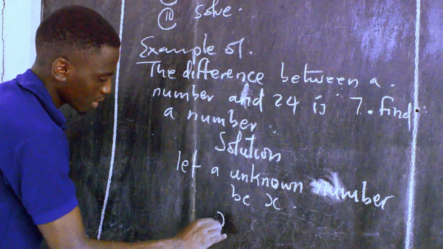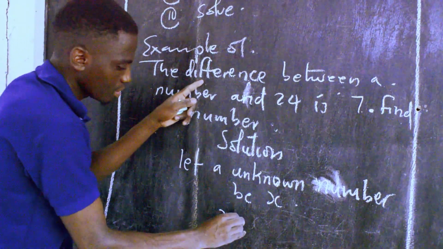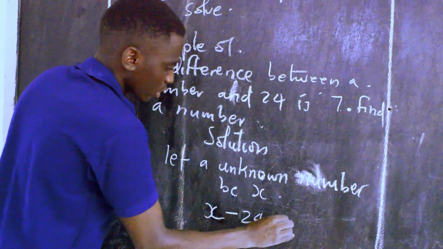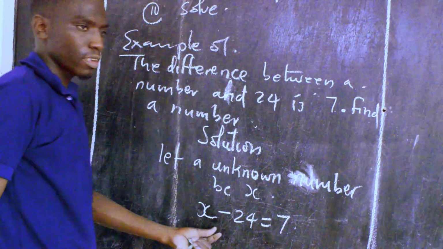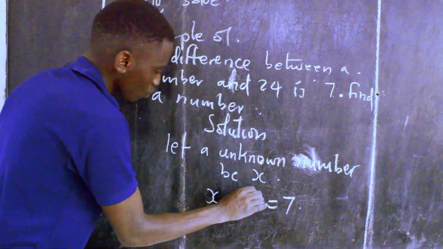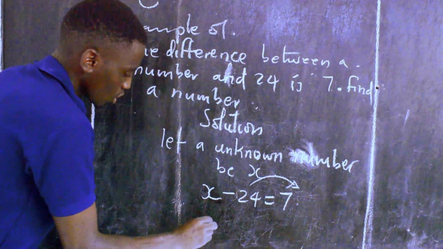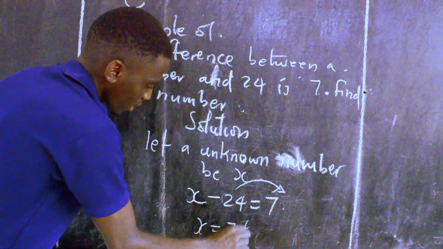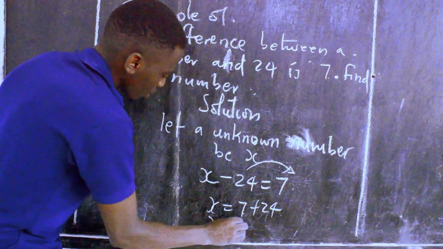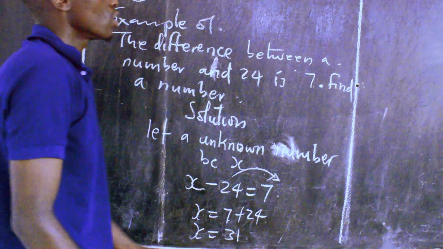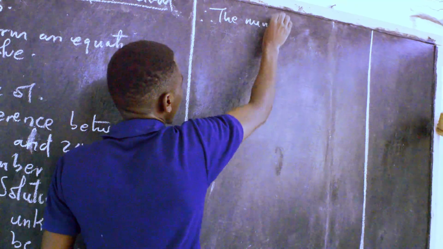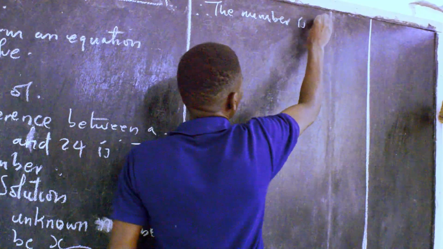So you take a number, that is x, minus 24 is equal to 7. Difference means subtraction, so 24 here is negative. Once it comes on this side, it becomes positive. So x is equal to 7 plus 24. If you add here, you get 31. So therefore, the number is 31.